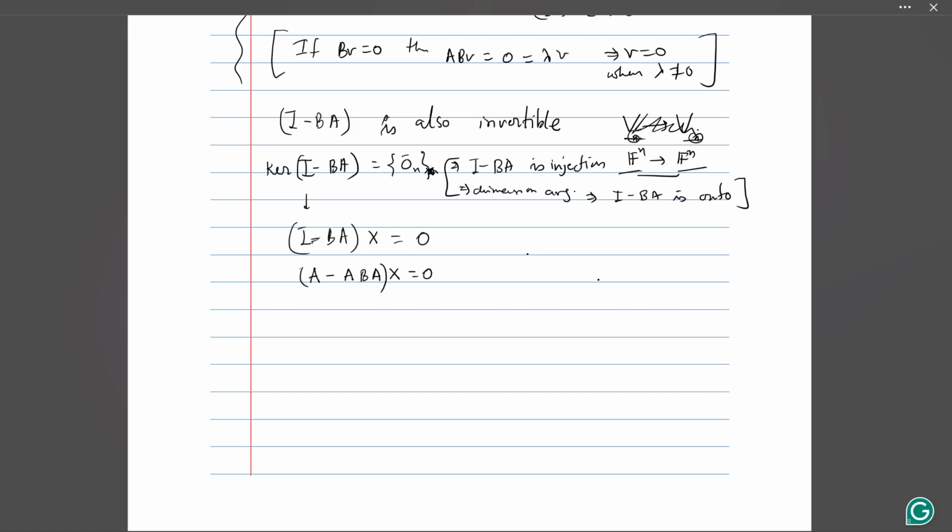We want to use this result: I minus AB is invertible.